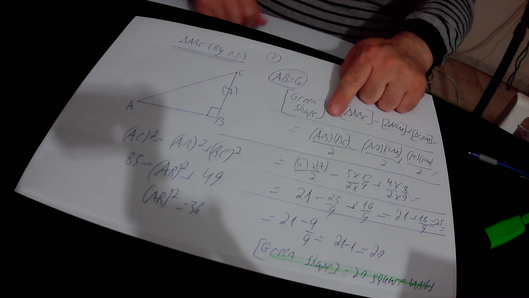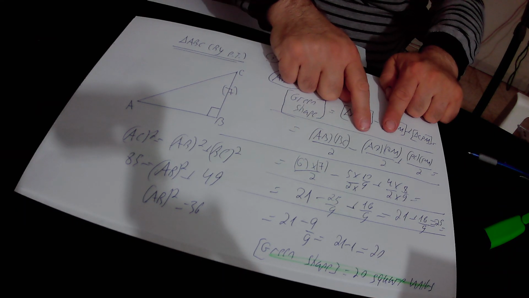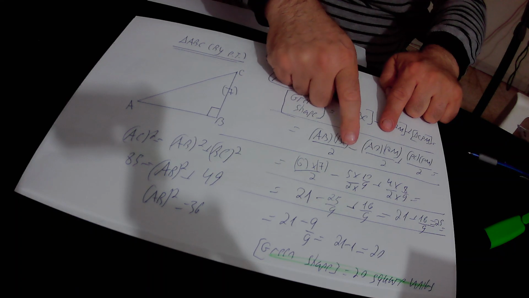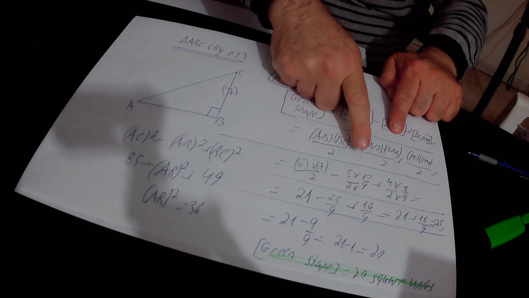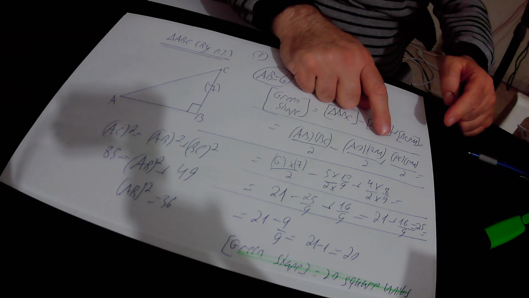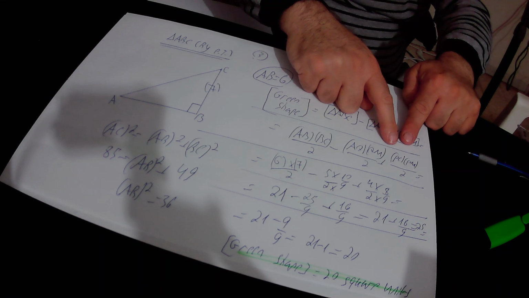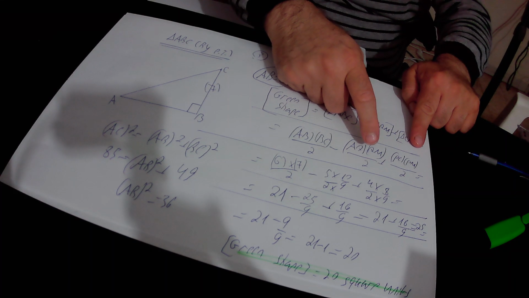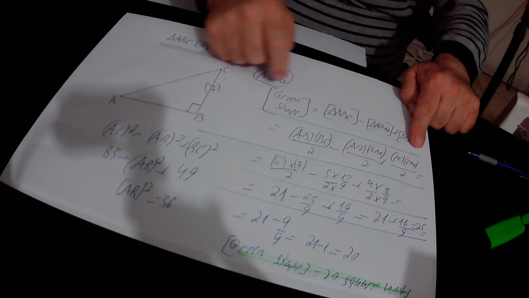So here AB is 6 times BC that is 7 over 2, minus AQ is 5 times MQ that is 10 over 9 divided by 2, plus the area of the small green triangle PCM that equals PC that is 4 times PM that is 8 over 9 divided by 2.